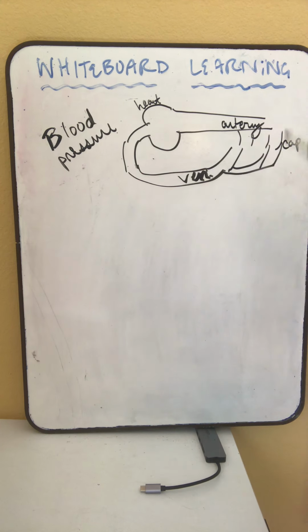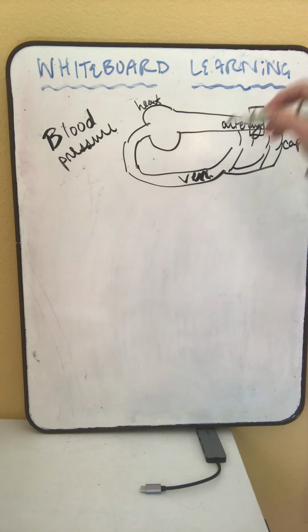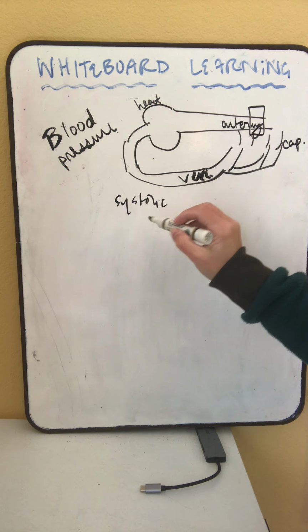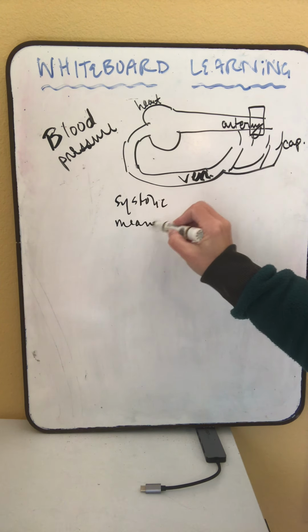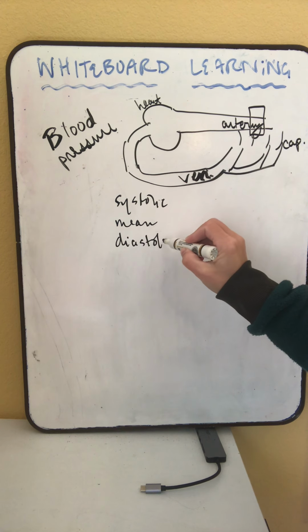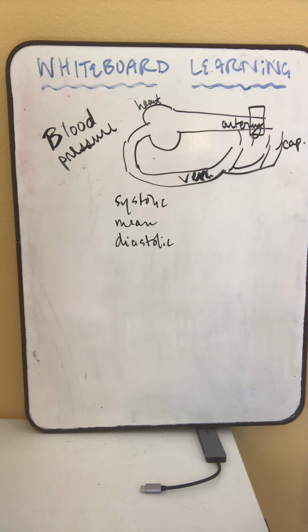So where are we measuring pressure? We're measuring arterial pressure. We learned about systolic, we learned about mean, and we learned about diastolic, right? These are the different phases of heart pumping where the pressure is different.